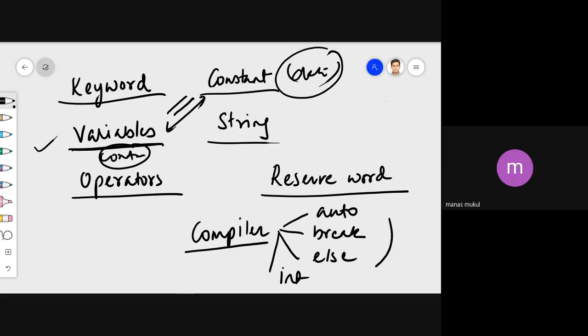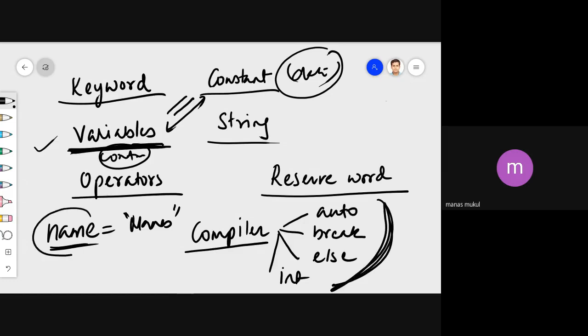So these words cannot be used in variables. Variables are user defined. So I can write name, and name is equal to Manas. So this is a variable. Now this name I can change, I can write anything, but remember that all these reserve words cannot be used here. So I can't say auto is equal to, say hello.